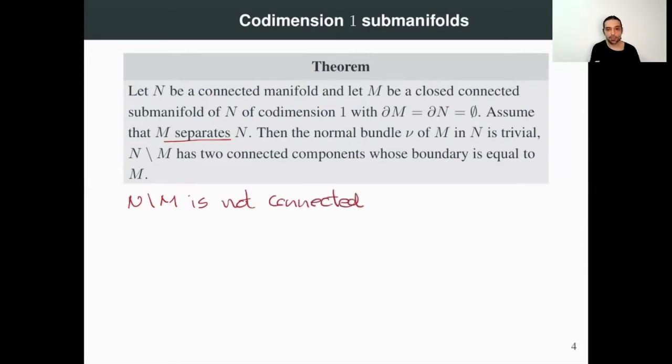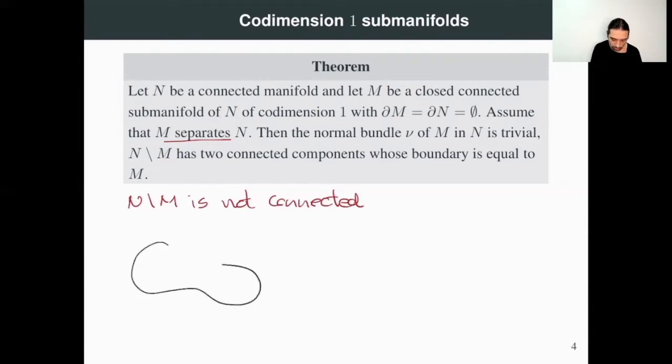So with this hypothesis, the normal bundle of M in N is trivial. N minus M has two connected components, and the boundary of these connected components is equal to M. Okay, so let's see how we can prove this.